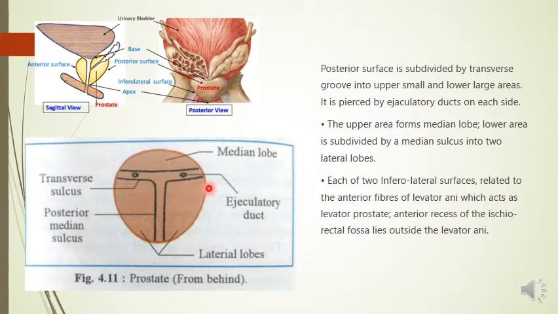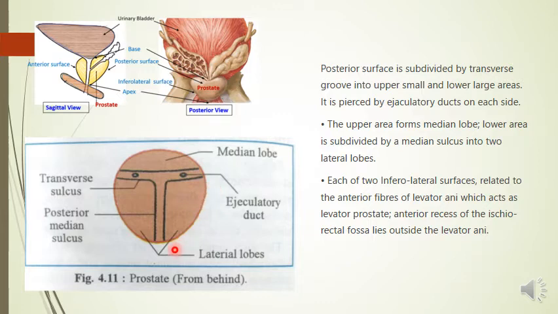Now each of these 2 inferolateral surfaces, this is called the inferolateral surface, is related to the levator ani muscle, which I have shown you in the earlier slides. And this levator ani muscle is named according to the organ it is related to.